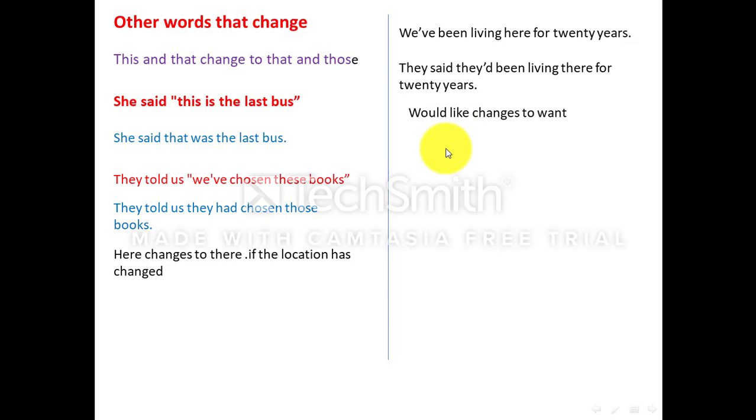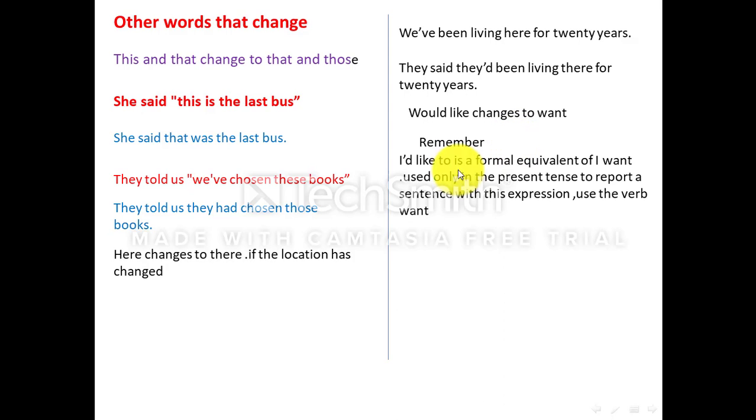Would like changes to want. But remember, I'd like to is a formal equivalent of I want, used only in the present tense. To report a sentence with this expression, use the verb want. For example, she said, "I'd like to be a singer."